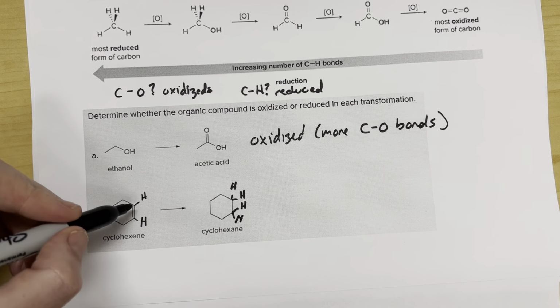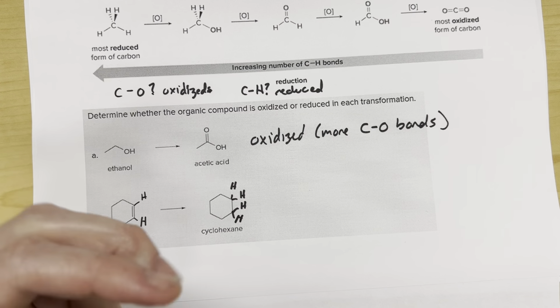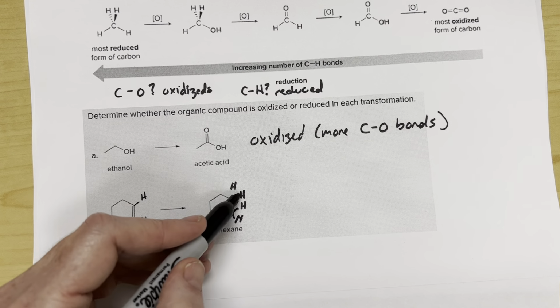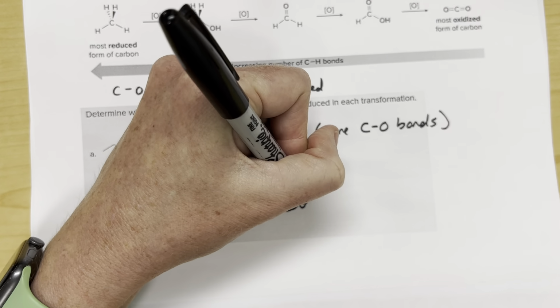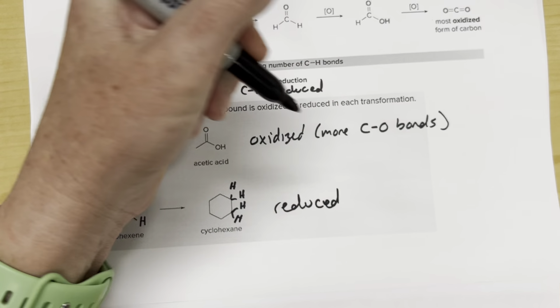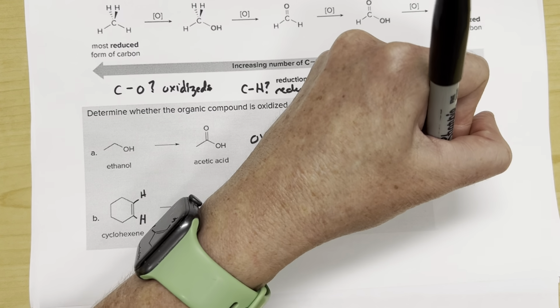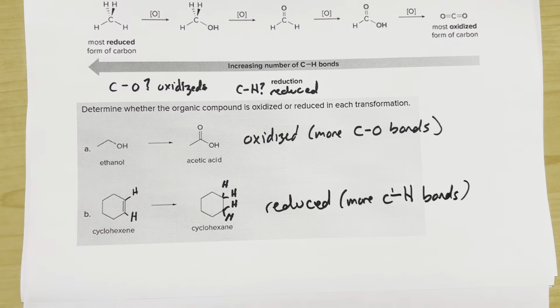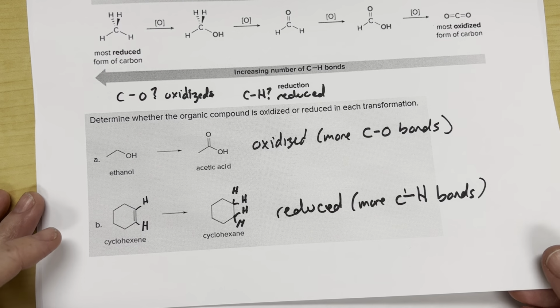So we went from a carbon-hydrogen here to a carbon-hydrogen and a carbon-hydrogen, so 2 carbon-hydrogens, so 1 to 2. Therefore, we increased the carbon-hydrogen bonds, and this was reduced. More CH bonds. All right. Hope that makes some sense.